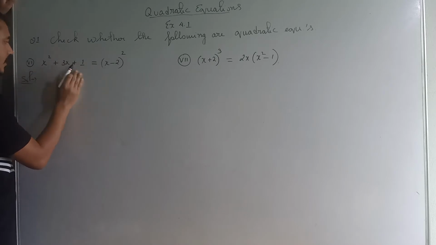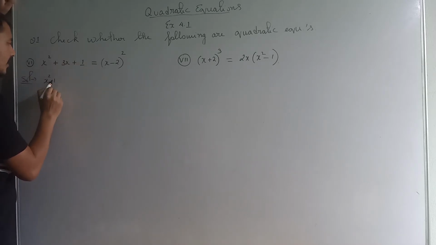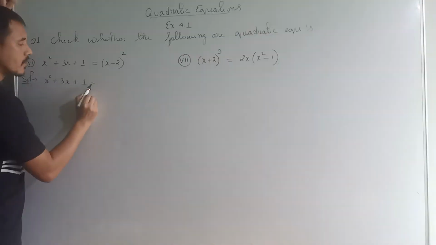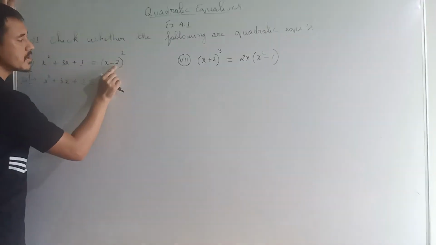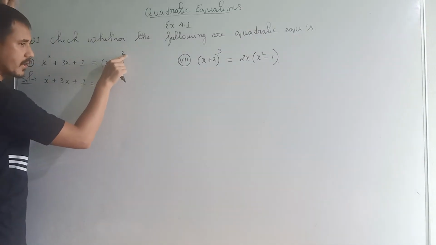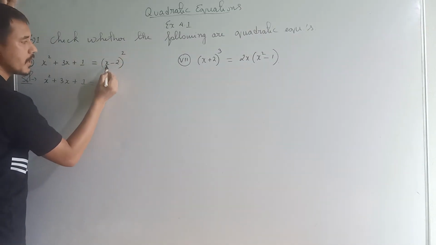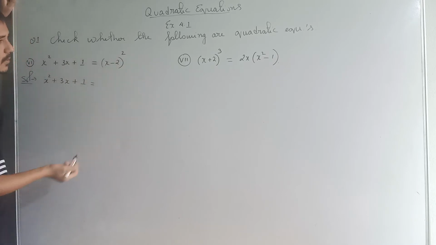Here there is nothing to arrange on the left side, we just leave the terms as it is. On the right side, we have (x minus 2) holding square. Now this is of the form (a minus b) holding square.